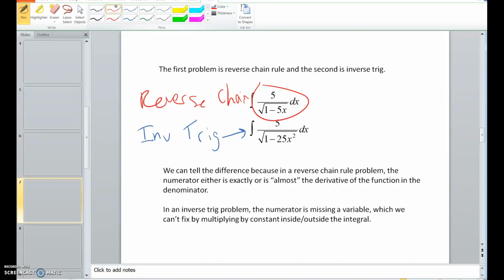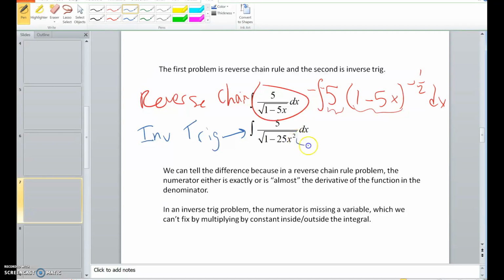That almost fits the pattern of having the derivative of the inside function in the numerator. If you rewrote this as, here, 5 is almost the derivative of the inside function. It's only missing a negative sign, so I could just multiply by negative inside and outside, and then do the reverse chain rule. We're only off by a constant, the 5.